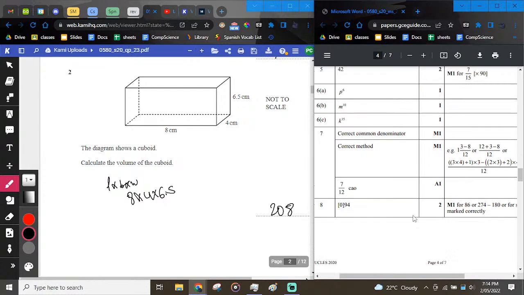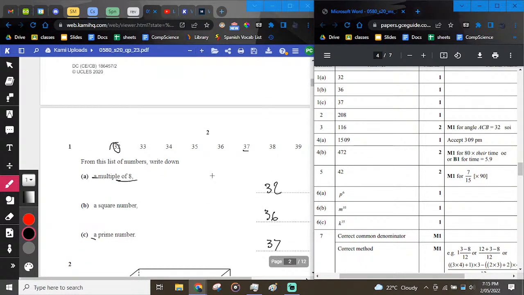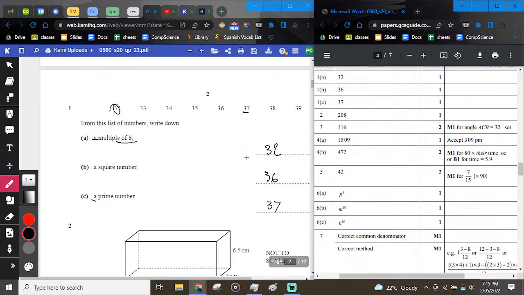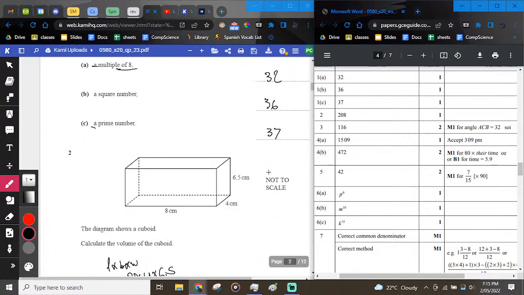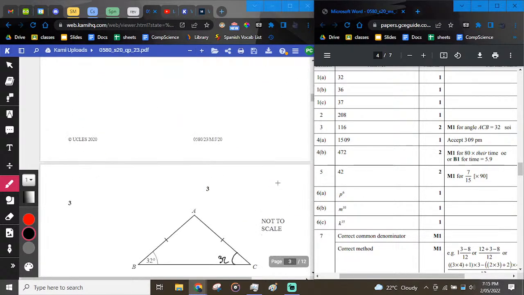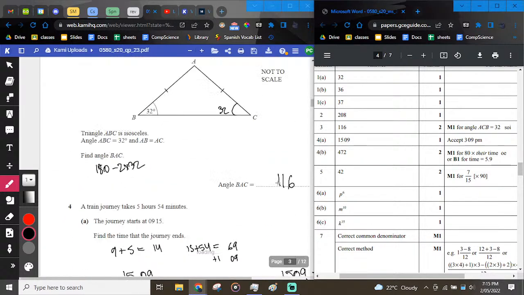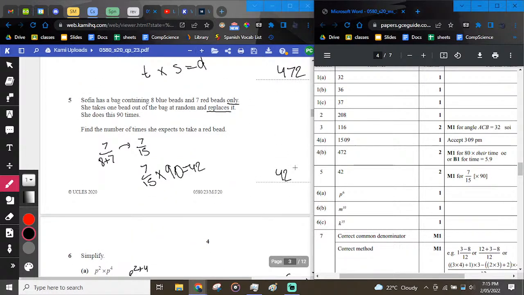Number 1A. 32, right. 36, right. 37, right. 208, correct. 116, correct. 1509, correct. Correct.